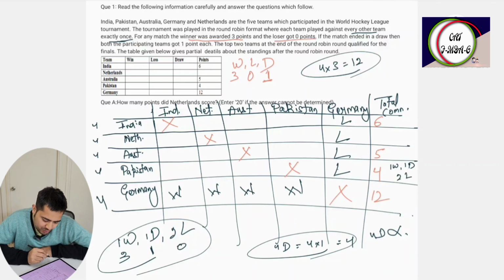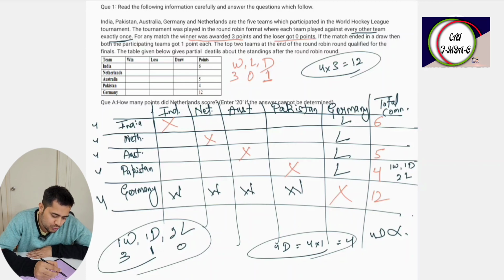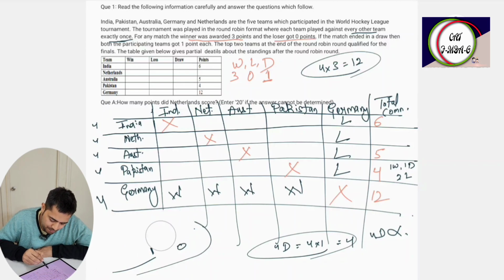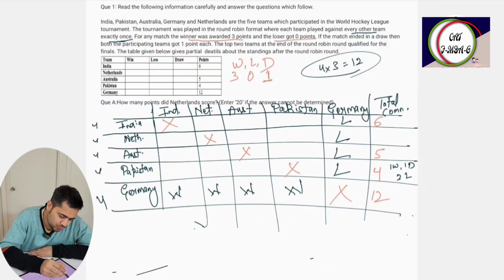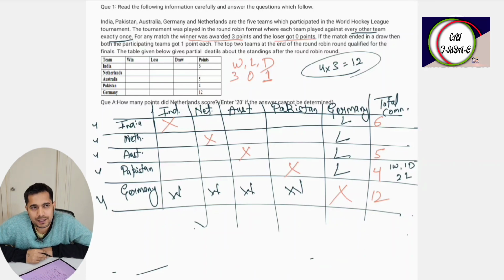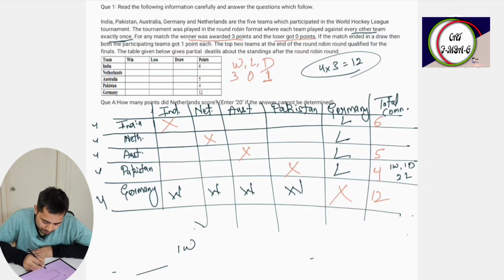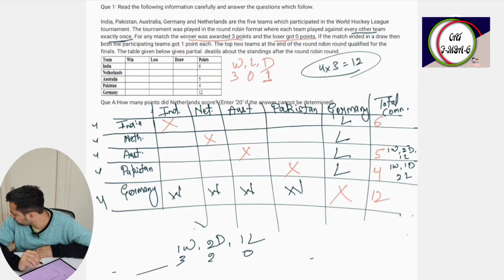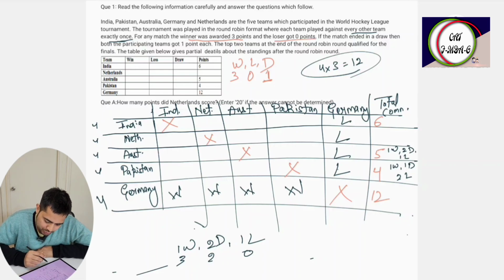Now Australia, 5 points. Use your mind, how can 5 points be achieved? 2 wins cannot be there, because then 6 points will be there. And at least 1 win has to be there. So 1 win, 2 draws and 1 loss. 3, 2, 0. Okay, for Australia. India, 6 points are there.